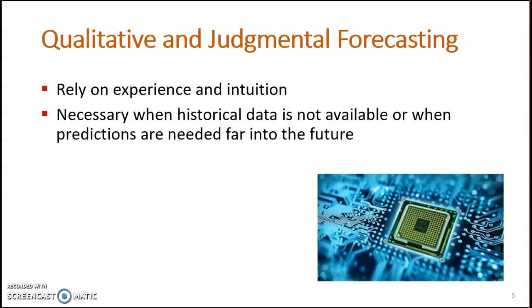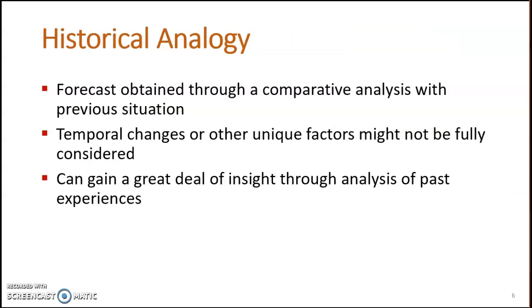So they will probably need to use their experience and their intuition to actually come up with a feasible or plausible forecast. Judgmental techniques range from simple methods such as the manager's opinion or a group-based opinion to more structured approaches such as historical analogy and the Delphi method.